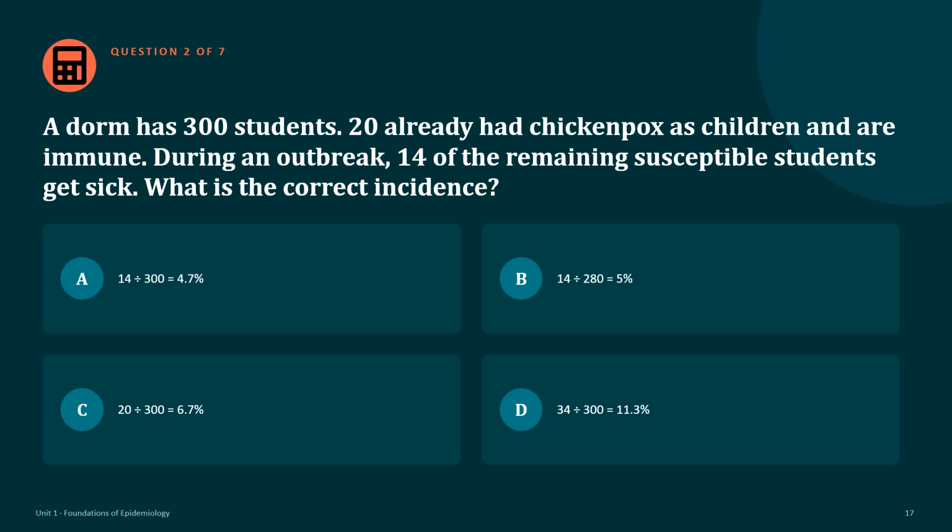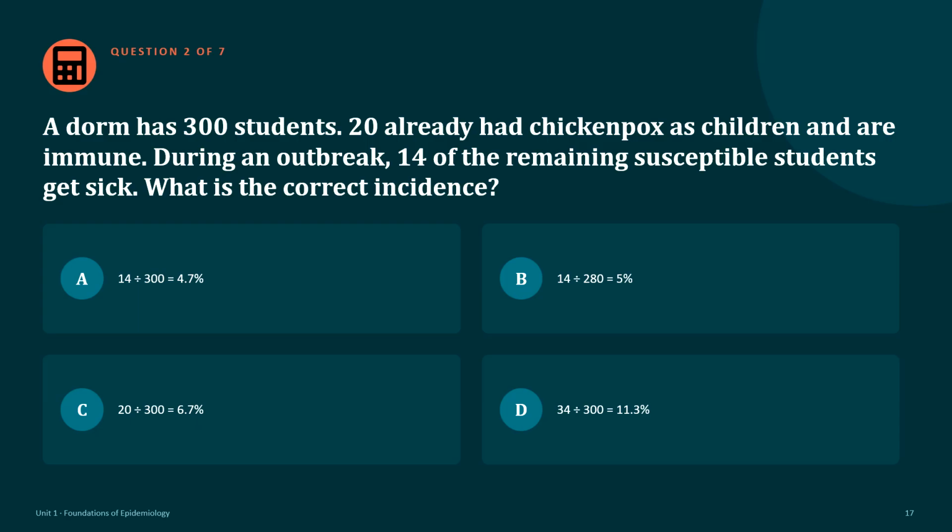The 20 already immune students cannot develop the disease, so they are excluded from the denominator. 14 divided by 280 equals 5%. Option A is the single most common mistake people make with this formula, using total population instead of population at risk, so it's worth mentioning.